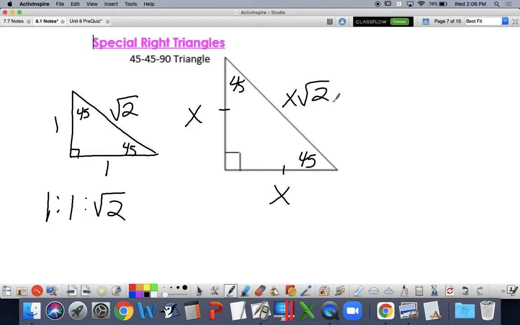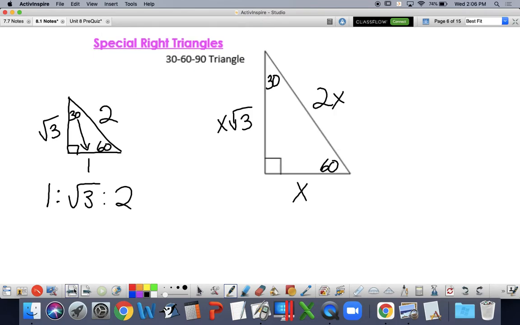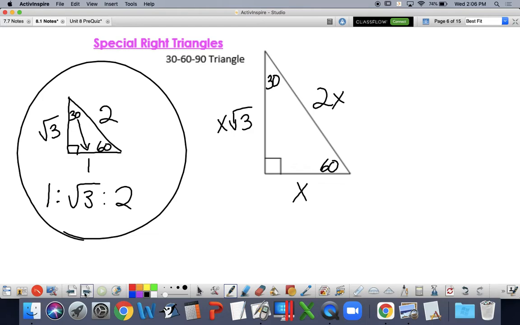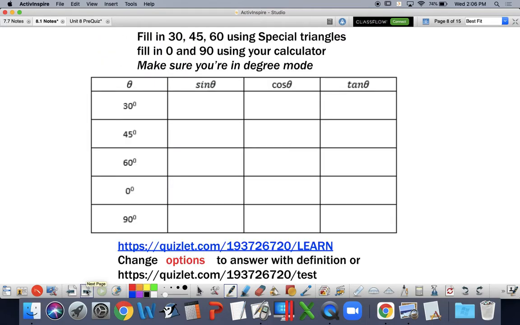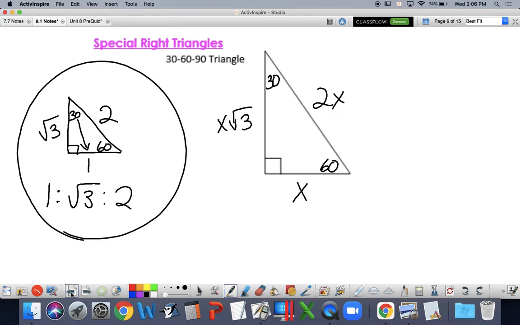Let's start filling out a little table below of our sine, cosine, and tangent. I want you to be using these smaller triangles that we drew off to the side. I'll show you what I mean. So for 30 degrees, I'm going to look back over here. The sine is opposite over hypotenuse, so 1/2.